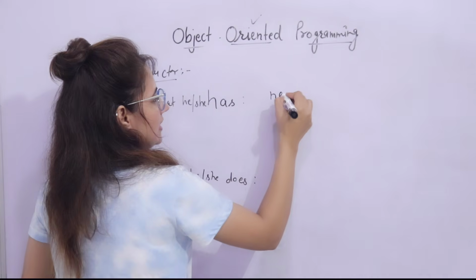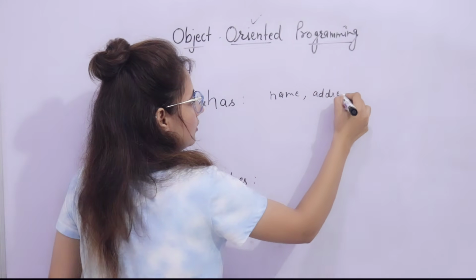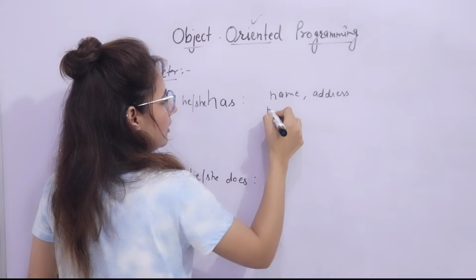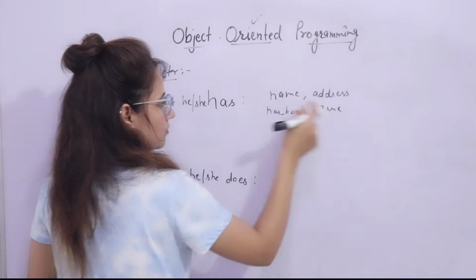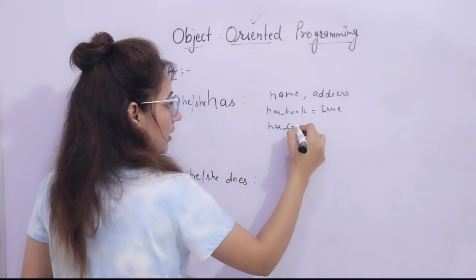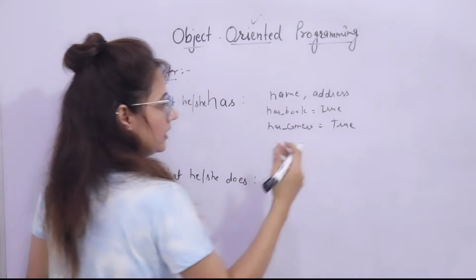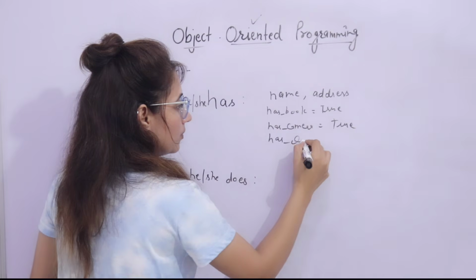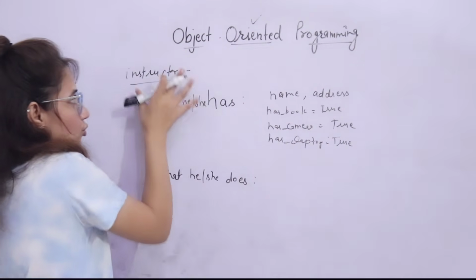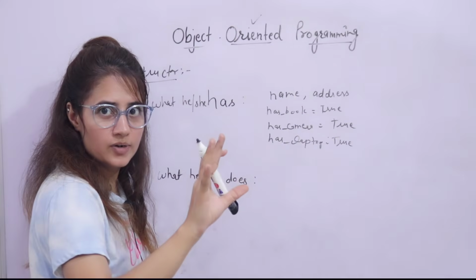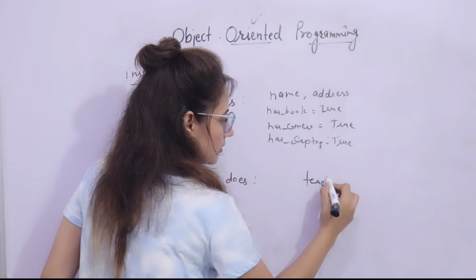It is having obviously some information like the name of the instructor, maybe address, phone number, and some attributes like has books, true, having books, has camera, because to record the lecture we need a camera, and has laptop, that is also true, or maybe something is false. So it is having some information, and it will do something. What will it do? Teach.